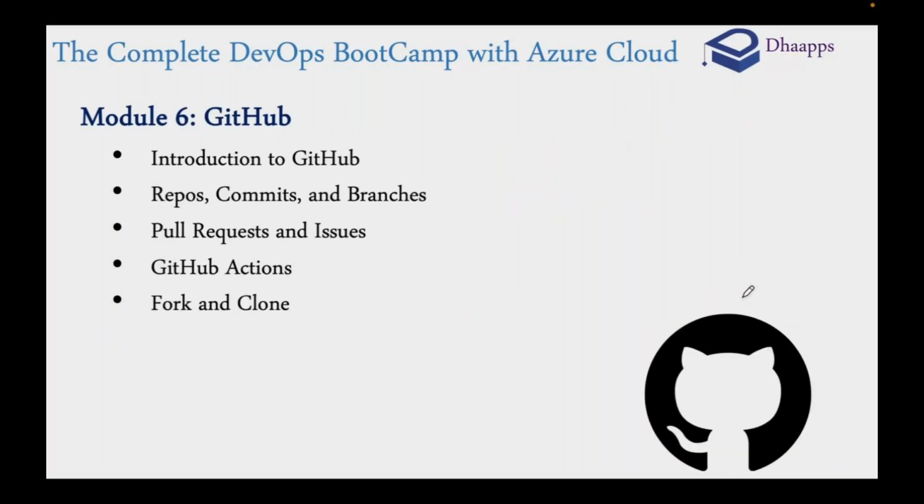In module 6, we will learn about GitHub, and GitHub is mandatory for any software role. Basically this is cloud-based Git, guys. In order to save your application code somewhere, GitHub will give you the place to host your application and to collaborate with other developers.